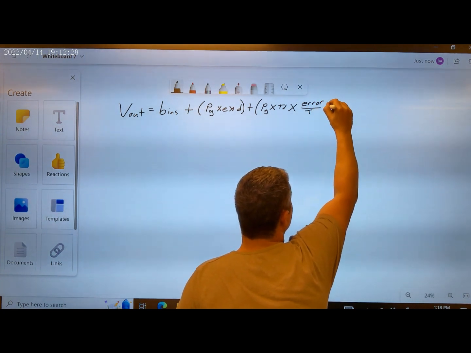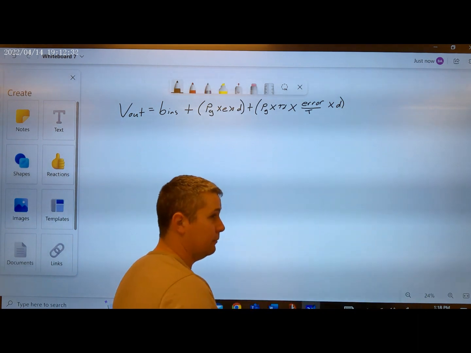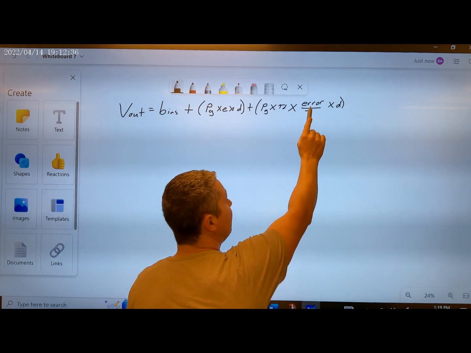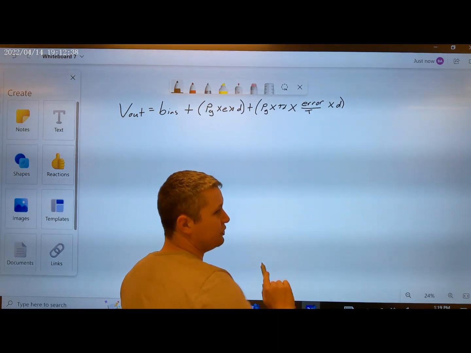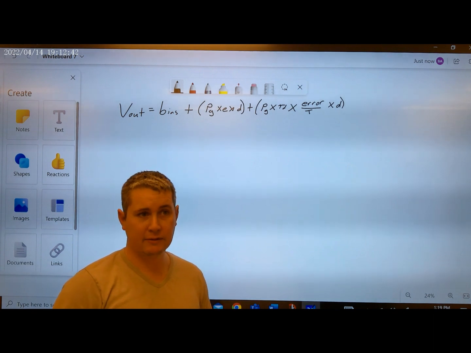And then you also times that by the direction of your output, whether it's direct acting or reverse acting. Now, error divided by your time is your ramp rate, okay?